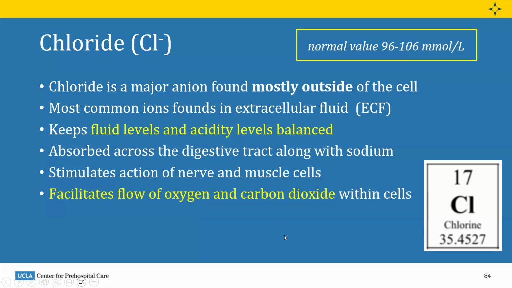And we typically absorb it along our digestive tract with sodium and that NaCl or salt intake. It's also important in our nerve conduction and muscle cells. And it also is important for the flow of oxygen and carbon dioxide within our cells.